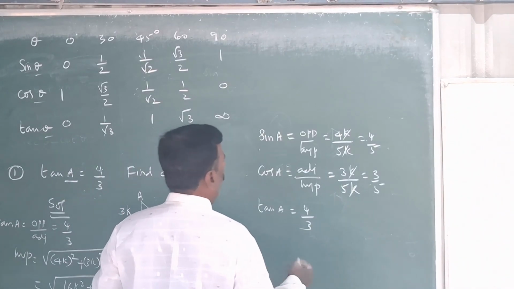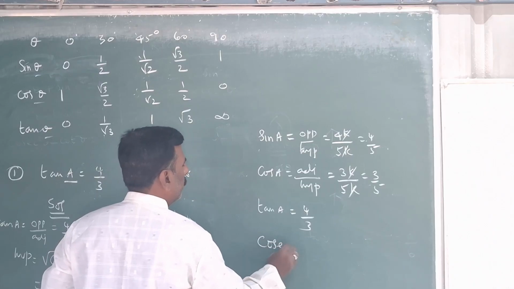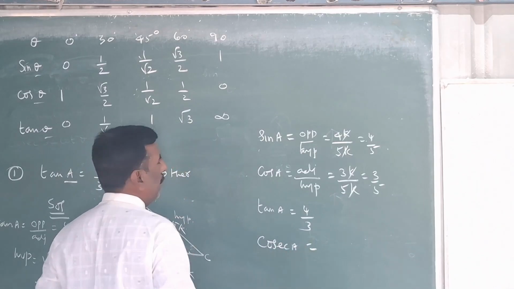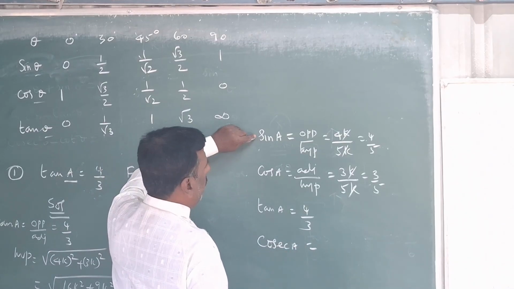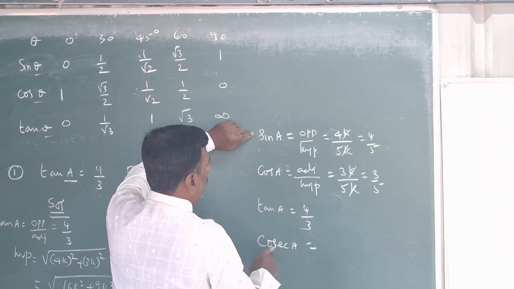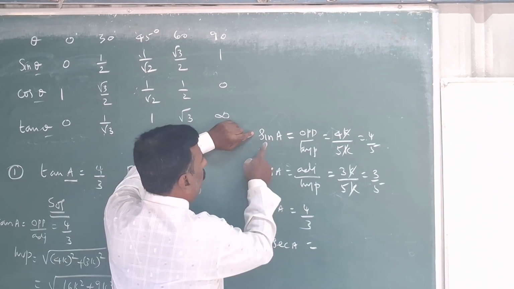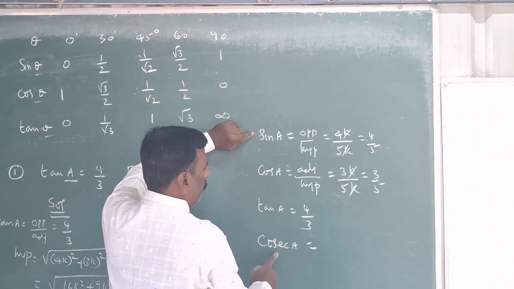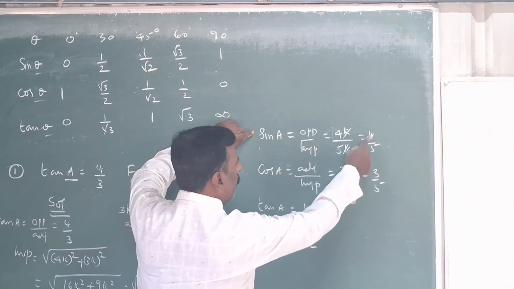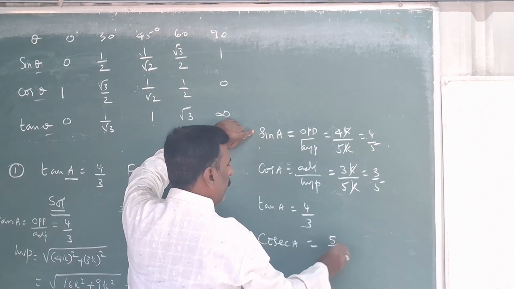Now I want cosecant A. In previous classes I already told, if you think sin A, simultaneously you should remember cosecant A because the reciprocal of sin A is cosecant A. Here sin A is 4 by 5, its reciprocal is 5 by 4.